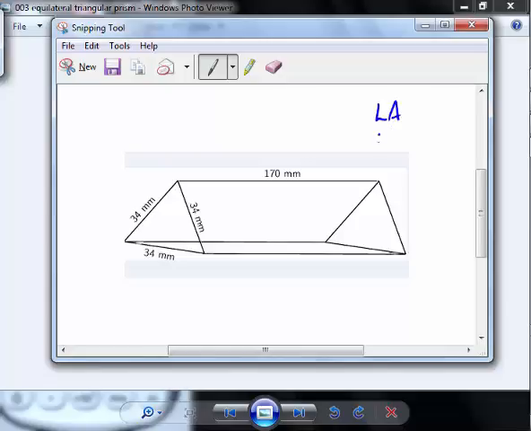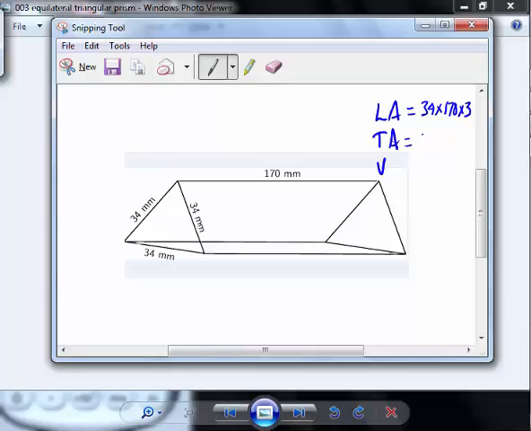Lateral area, total area, volume. Now the lateral area doesn't include the 2 ends. So it's 34 by 170, but there are 3 of them.